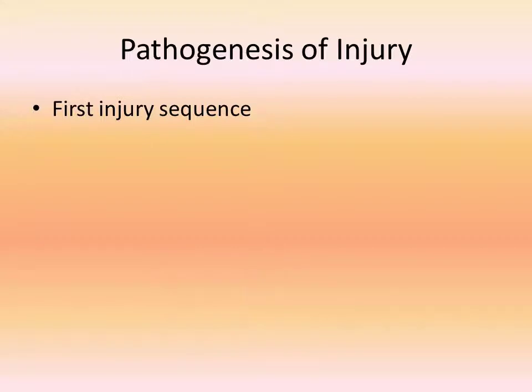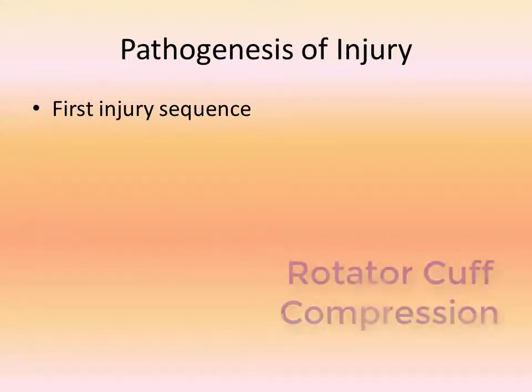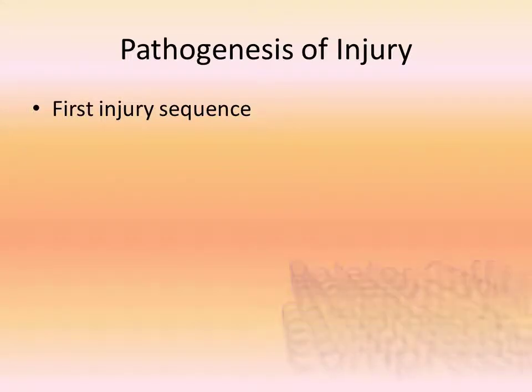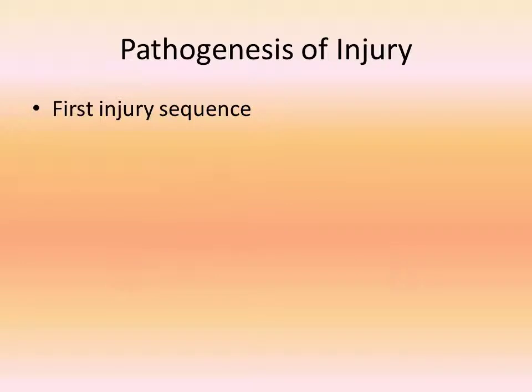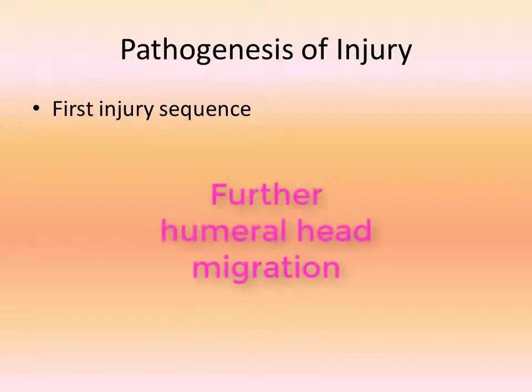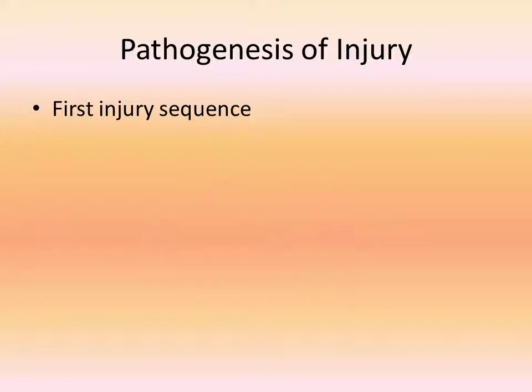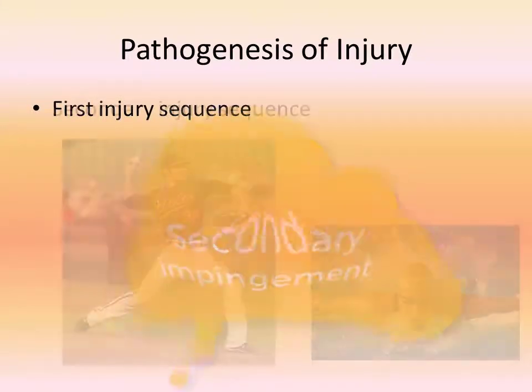The rotator cuff tendon then receives a compression or a strain. This leads to a decreased rotator cuff force production and a further loss of humeral head control. Eventually, we end up with an increased reliance on the deltoids for force production and a further migration of the humeral head during abduction and flexion movements. This sequence repeated over time leads to secondary impingement.